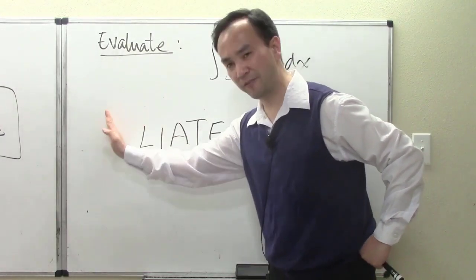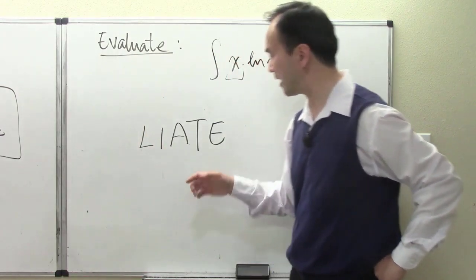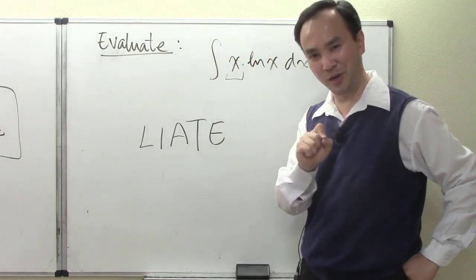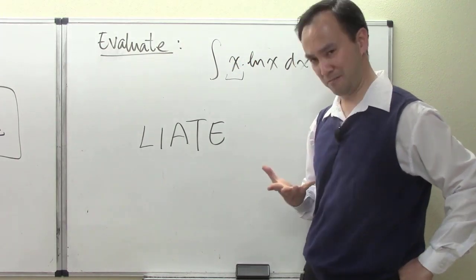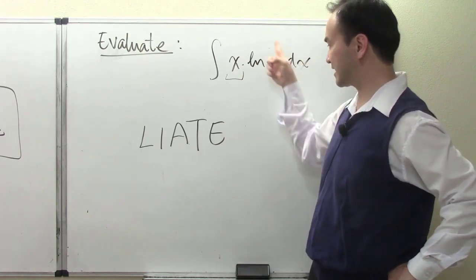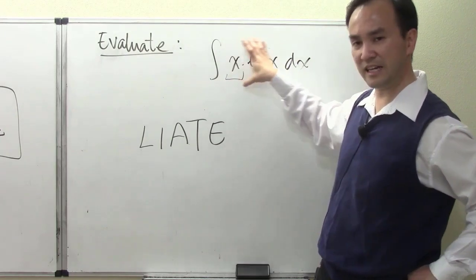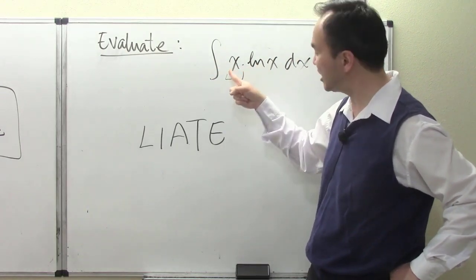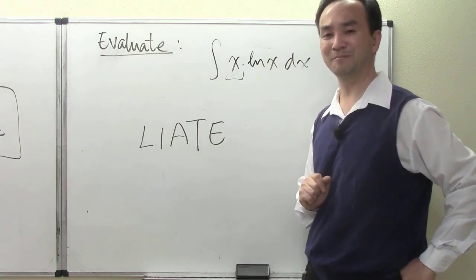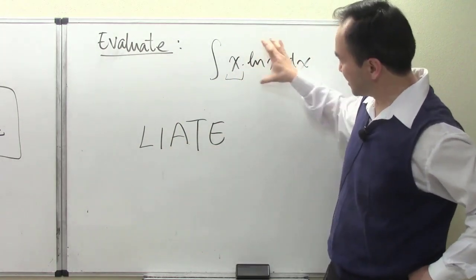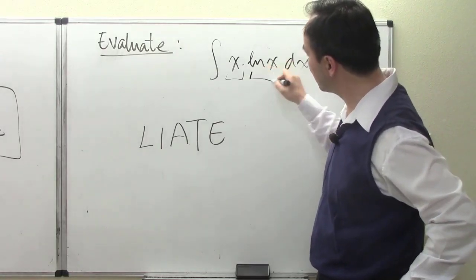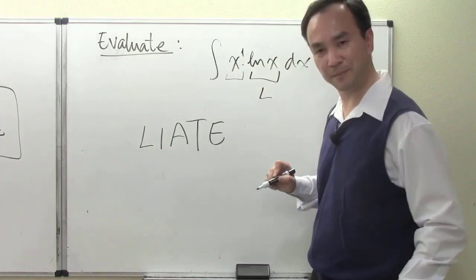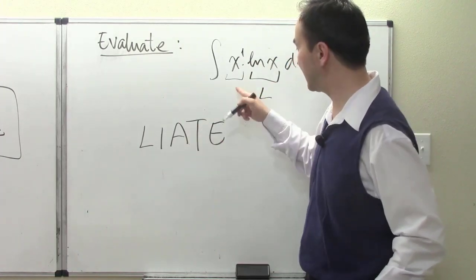Whenever you are doing an integration by parts problem, a big percent of the time you're looking at a product of two functions, and each one of these functions belongs to a family among these. So if you're looking back at this, you see there was this natural log which belonged to the L family, the logarithm, and then there's this x, namely x to the first power, and this belongs to the A family, the algebraic family.